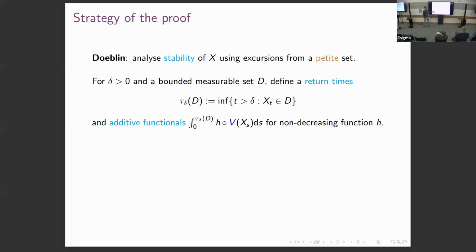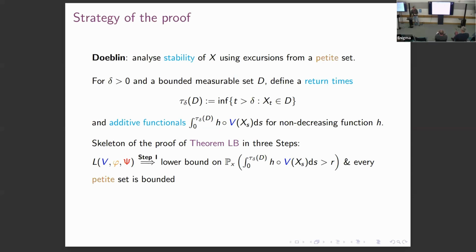And it's important that we understand this for a large family of functions. Now, this is the quantity that will tell us everything we need to know.